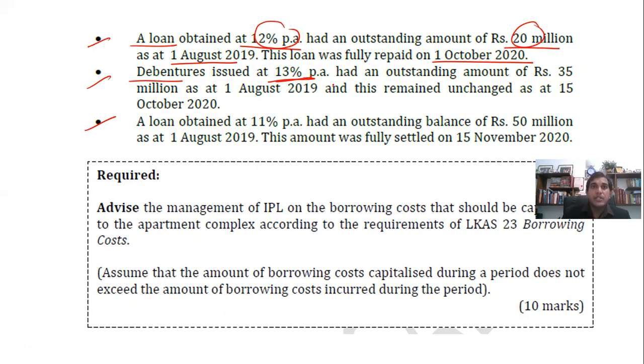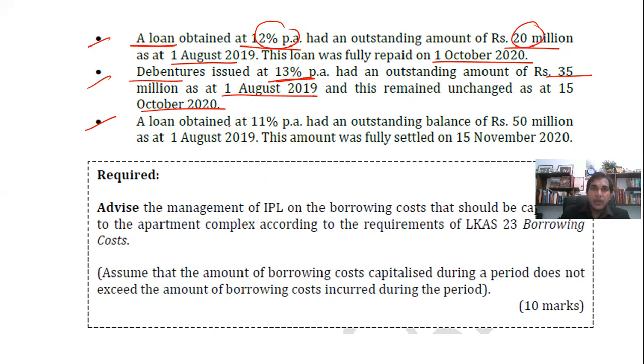So, a debenture issued at 13%, the outstanding amount 35 million, as at 1st of August 2019. This remains unchanged as at 15 October 2020. It has not been repaid.